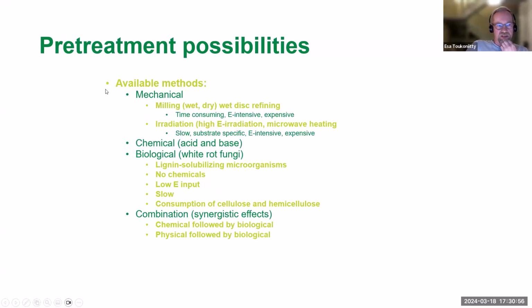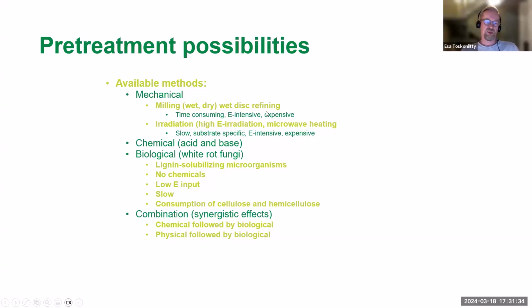Some possibilities for making this pre-treatment. You can group them like mechanical methods, chemical, biological, and combinations of these. Mechanical can be understood quite easily. You are milling or grinding the material into smaller and smaller particles and creating new surface and breaking also the structure to some extent.